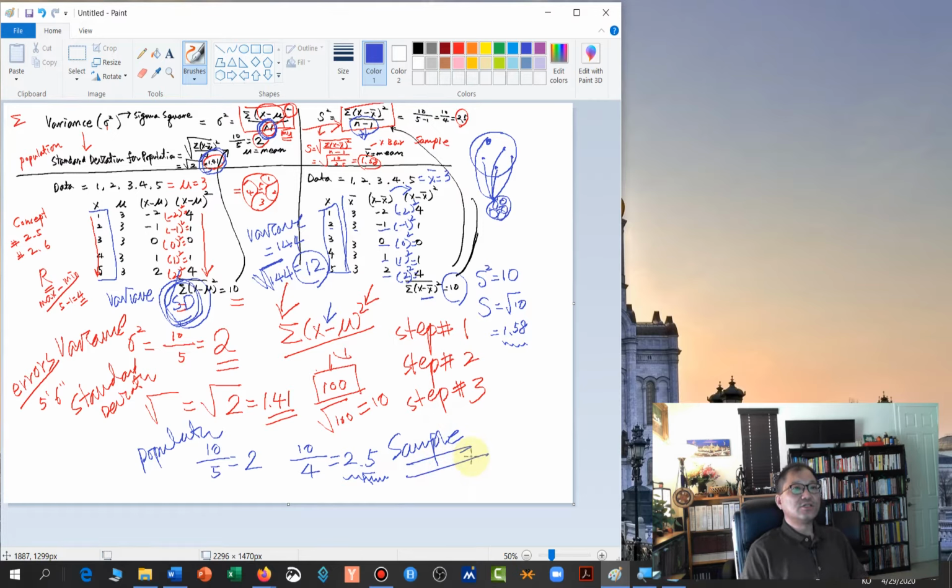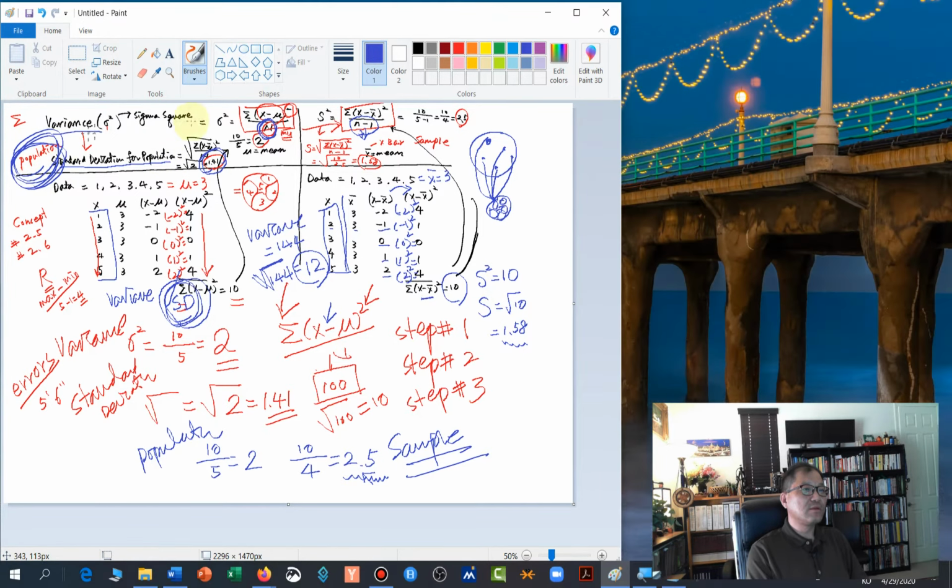Okay, so you learned something from concept 2-5. We have two different equations here: variance and standard deviation for population, and this side is a sample. Depending on whether your data set was collected from a population or a sample, you have to use a different formula.